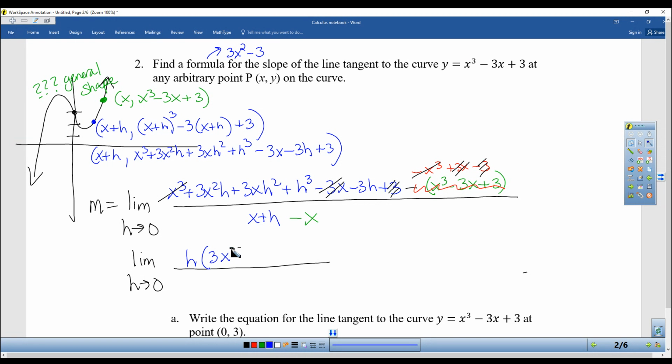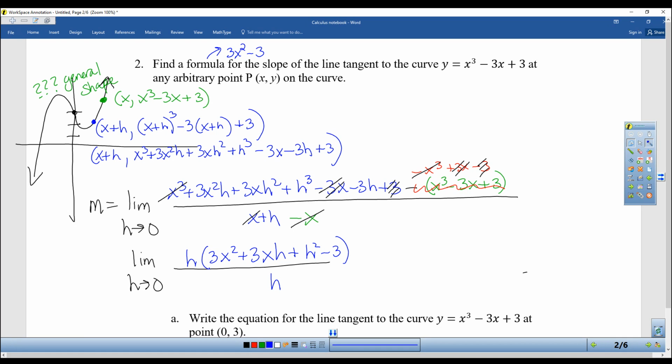You're always going to factor out the h, so you might as well get used to that. This one is still going to have an h left, and this one's going to have 2 h's left, and this one's going to have a -3 left when I factor out the h. And on the bottom, this x cancels with this x, and I'm left with just an h on the bottom.